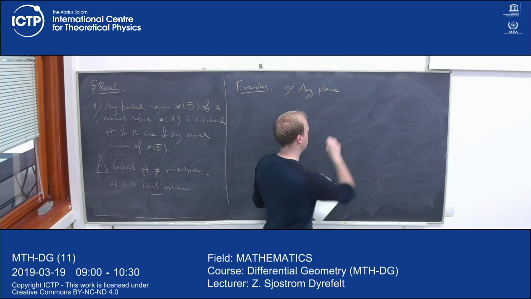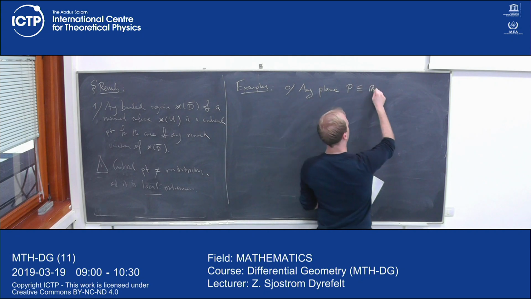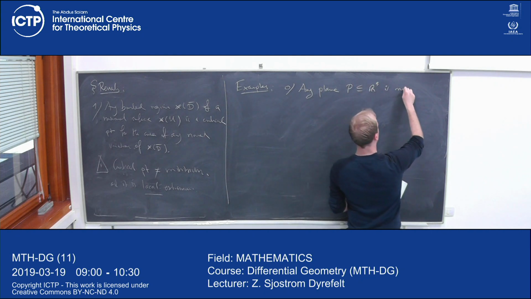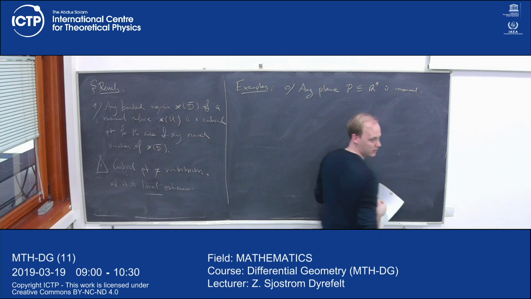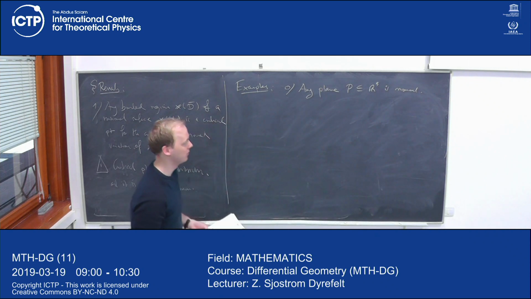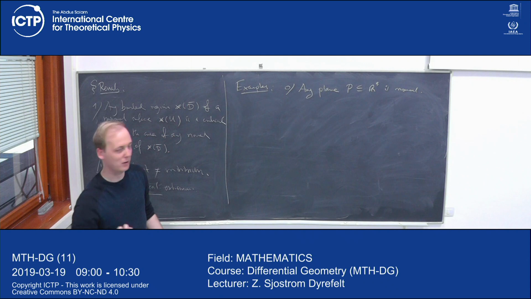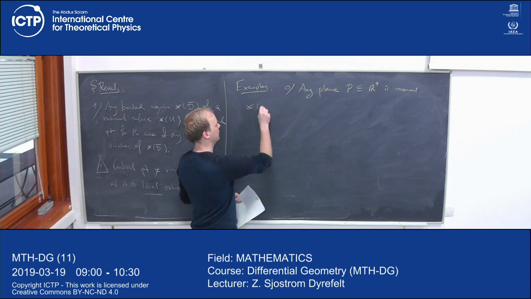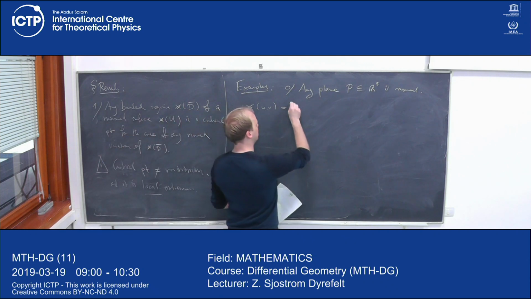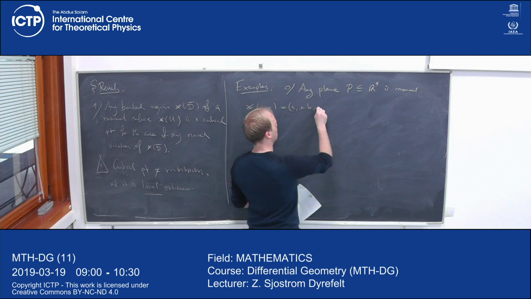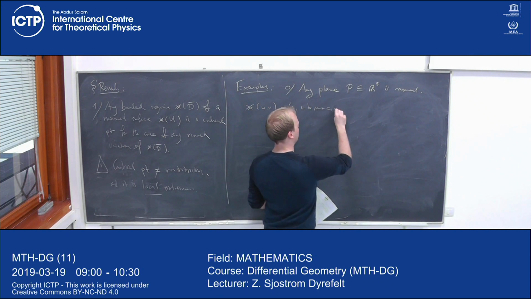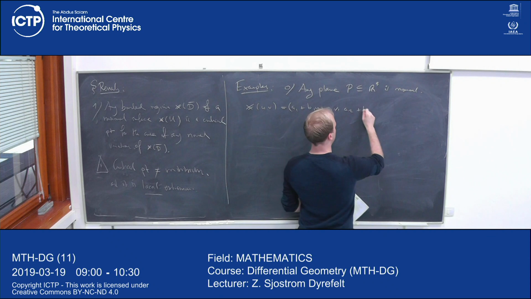plane in R3 is a minimal surface. Okay, and this is completely obvious because you have the parametrization of the plane, so it's just linear: A1 plus B1 u plus C1 v and so on.